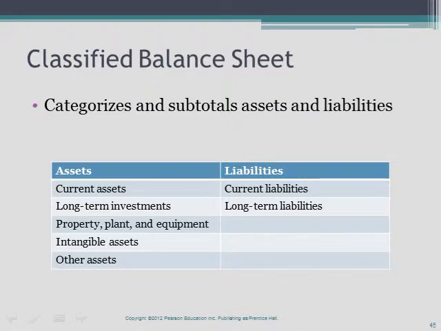A classified balance sheet separates current assets from long-term assets and current liabilities from long-term liabilities. And we also see these reflected as current assets and non-current assets, or current liabilities and non-current liabilities. So you may see long-term and non-current used interchangeably.